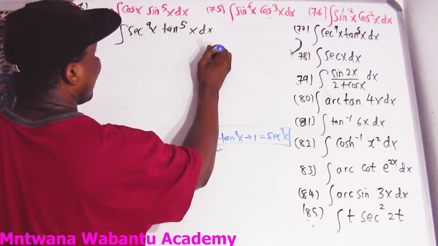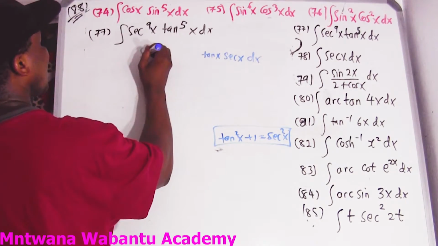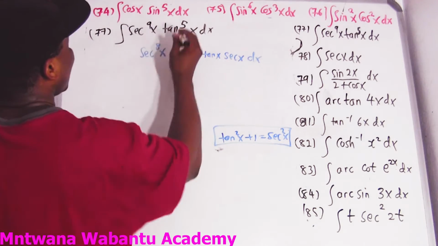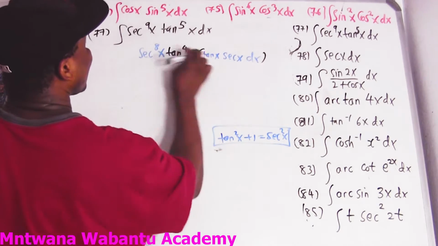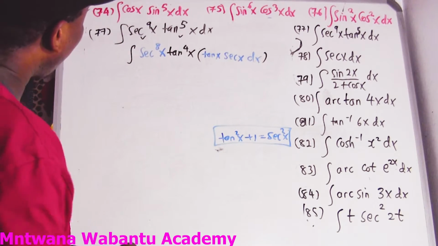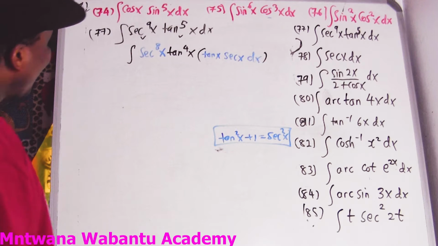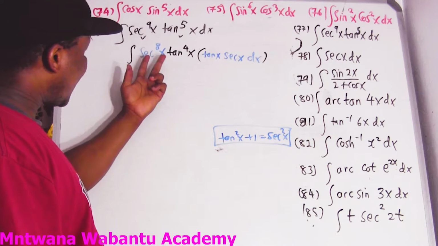So it's going to be tan x, and then sec x dx. And then here I'm going to be left with how many sec? 8 sec. And here I'm going to be left with how many tan? 4 tan x. And this one, I take 1 and 1 here, and then integral. So what I'm going to do, I'm going to have to say, hold on. I'm going to have to replace this with tan.